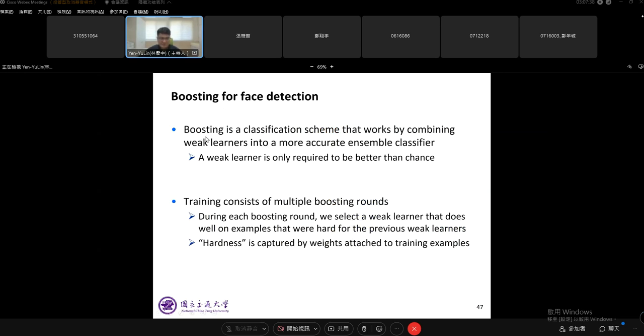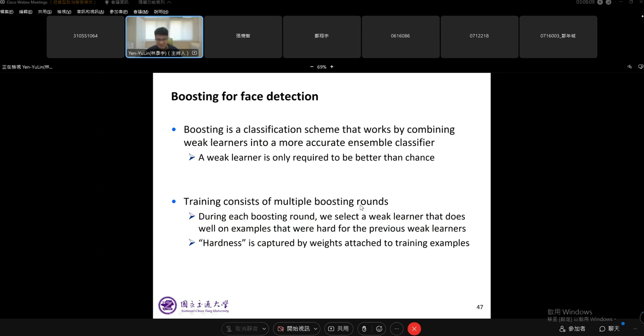AdaBoost, or boosting, is a classification scheme that works by combining weak learners into a more accurate ensemble classifier, a strong classifier. A weak learner is only required to be better than chance, or better than random guess. Training a boosted detector consists of multiple iterations.